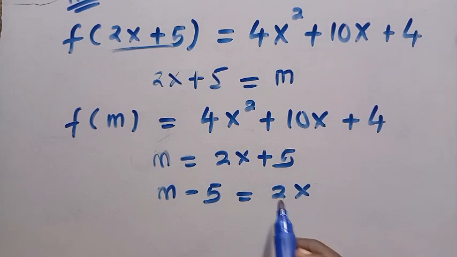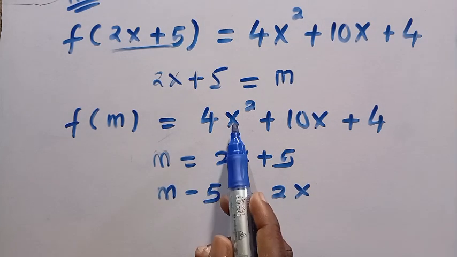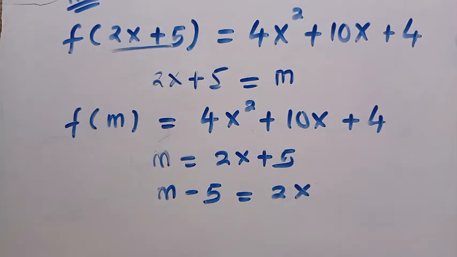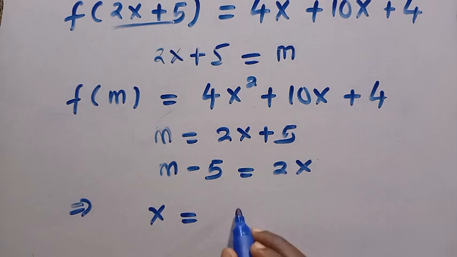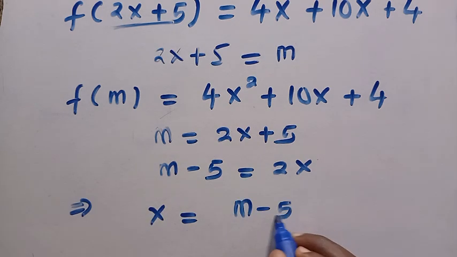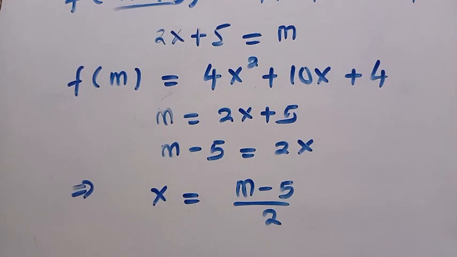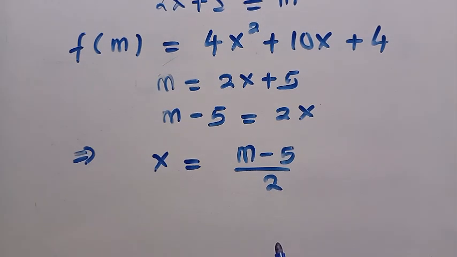If I divide both sides by 2 here, we are going to have x equals m minus 5 divided by 2. So if this is the value of x, then we need 4x squared, and also we need 10x. Here is only x.